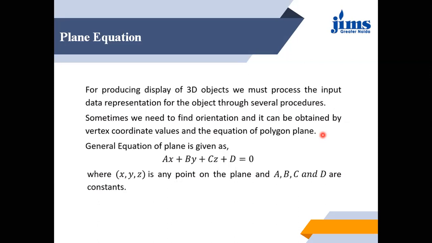In the same manner, the equation of a plane is ax plus by plus cz plus d equals 0, where x, y, and z are any point on the plane, on the x, y, and z coordinates respectively. And a, b, c, and d are constants. So this is a basic representation of a polygon using plane equations.